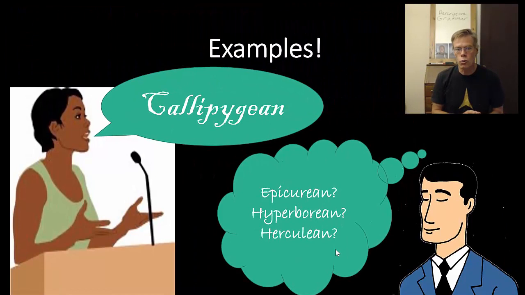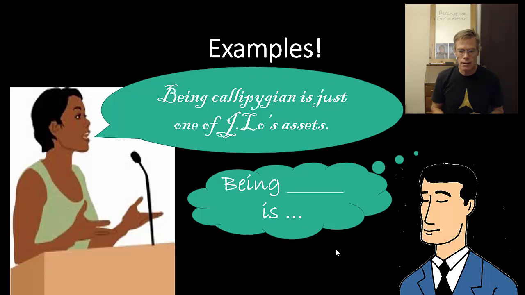Now imagine that you heard the word callipygian, which is my favorite word. Well, then again, we think about, well, what sounds similar to it? Epicurean, Hyperborean, Herculean. The first two are typically nouns, Epicurean and Hyperborean, although they can be used as adjectives as well. And then Herculean is almost always used as an adjective. So again, just based on form, we can't be sure whether this is an adjective or a noun until we hear it in a sentence.